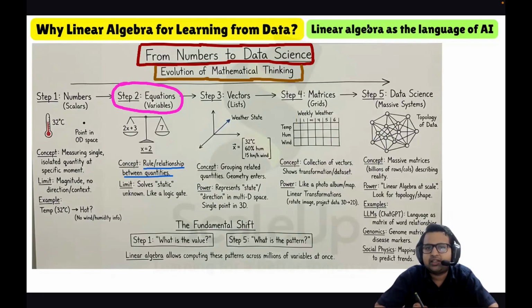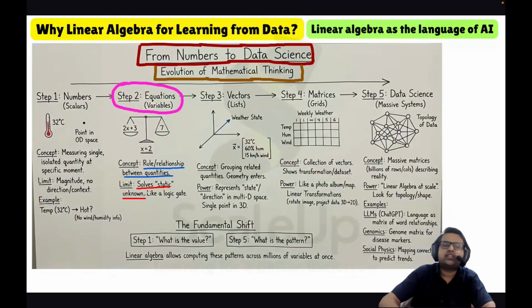Now, the limitation of this step, the equations, is that equations usually solve for a static unknown. They describe a balance like a scale. For static scenarios, equations are well and good.